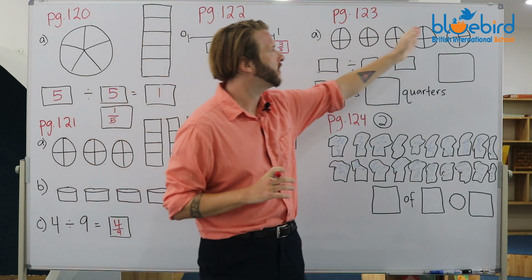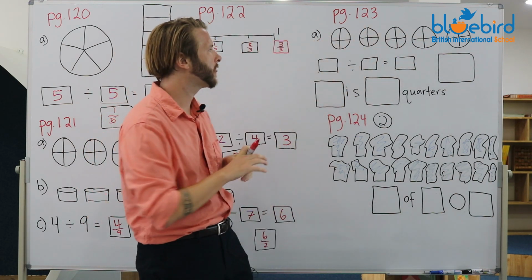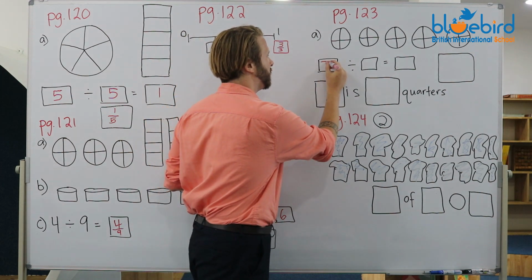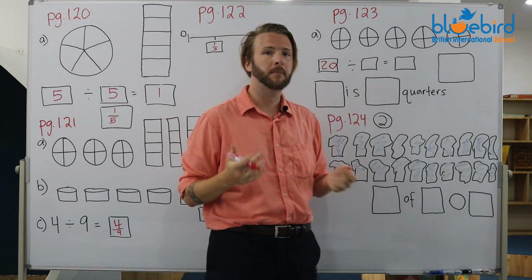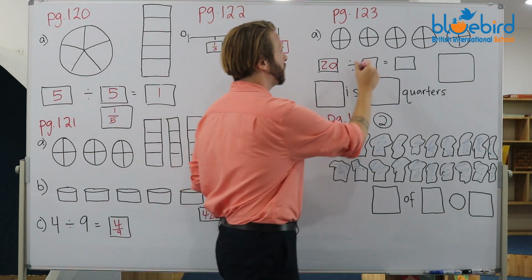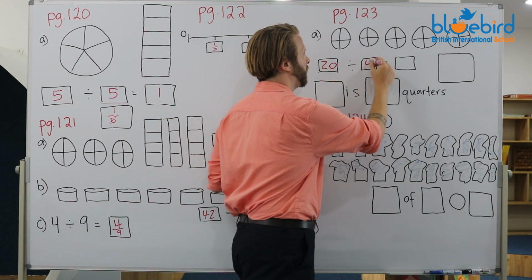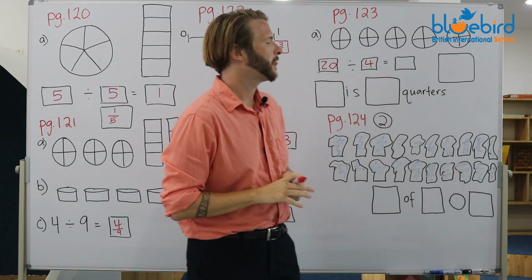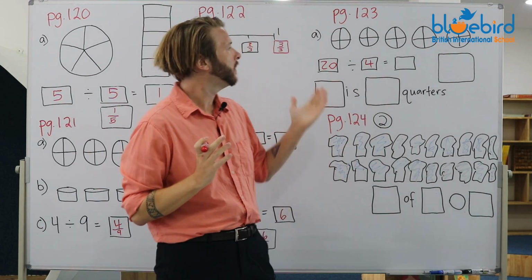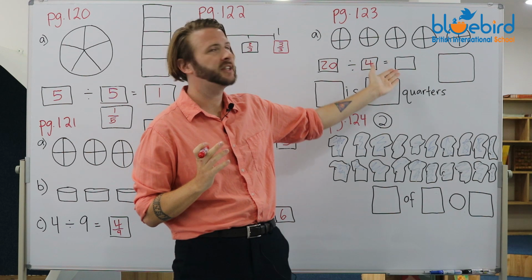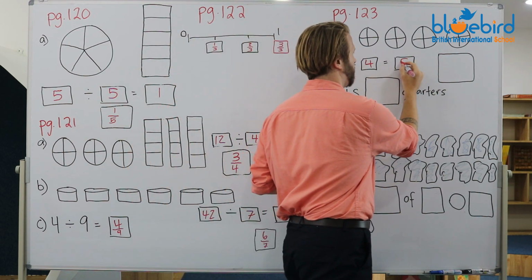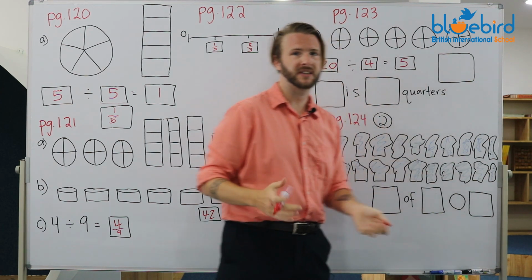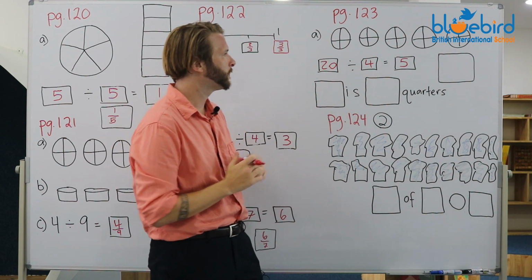We then count the total, 20, divided by the number of girls, 4, and we're going to see that each girl gets 5 pieces of pizza. They were really hungry that day.